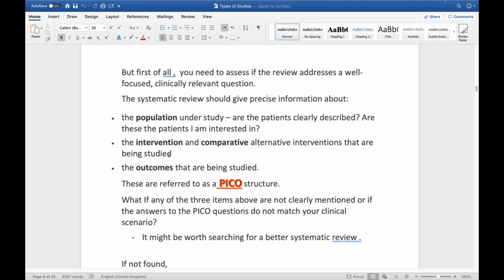Pregnant women, women in first trimester, second trimester, third trimester. You don't know. So you have to decide which population, because this specific pathology might not be studied in your population or in the patient you want to answer the question for, basically.